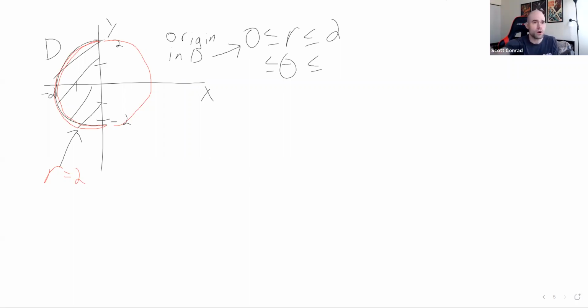Origin is in there, so r is bounded below by 0. That's always the case if the origin is in there. And then we look at the points furthest away. Those lie on this outer bit of the circle. This is just a piece of the circle of radius 2 centered at the origin, and that's r equals 2. So r goes from 0, the origin, out to r equals 2. And those are the bounds for r.